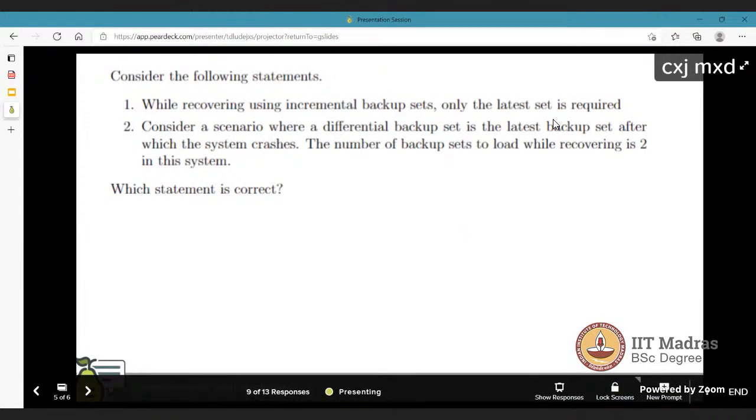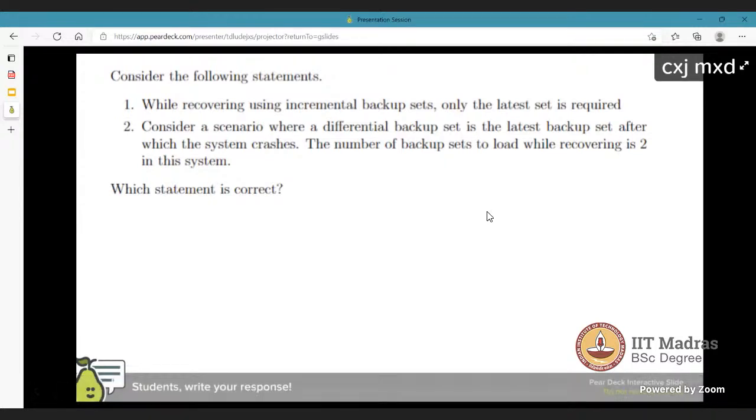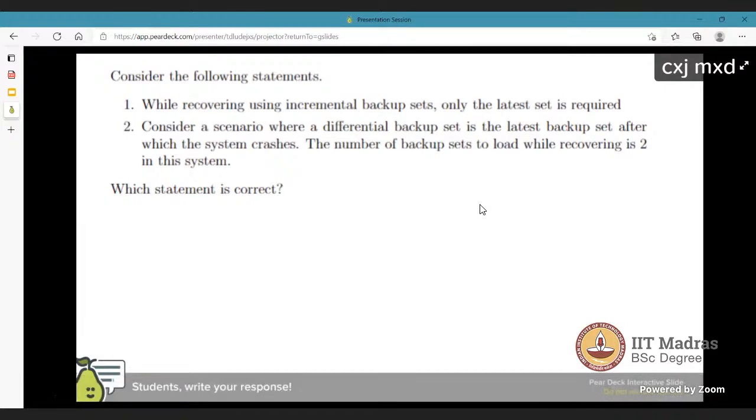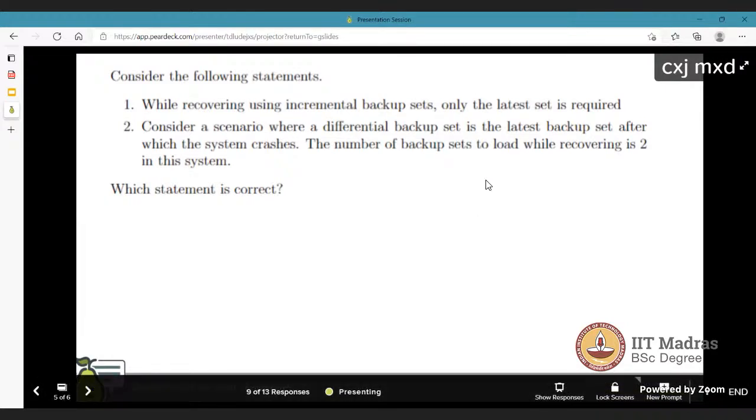Say, for example, yesterday we performed a full backup and we had A, B, C, D, and we backed that up. And today we have made the changes F and G, and now we want to back up. So FG is the latest set, right? So FG will be backed up, not the A, B, C, D, E that we backed up yesterday, because FG is the latest set.